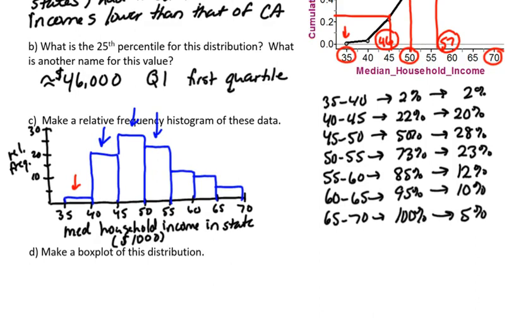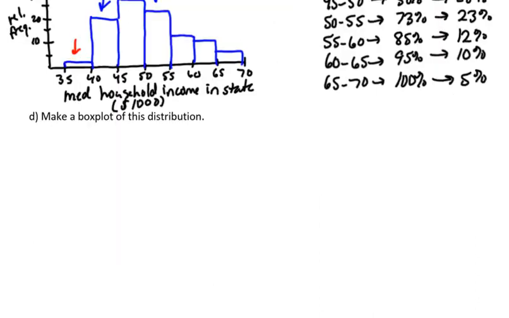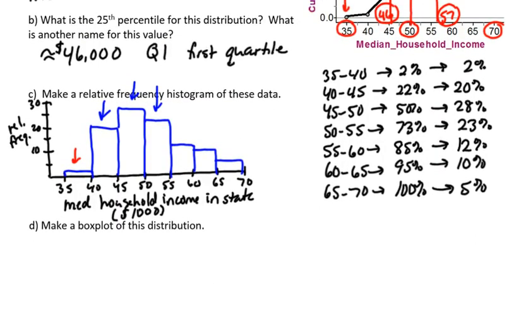So making a box plot, let me scoot this up a little bit, extend my page. So we need to go from 35 to 70. Let me make that just slightly straighter. I'm kind of going uphill here. I think I have to use my magic pen here.